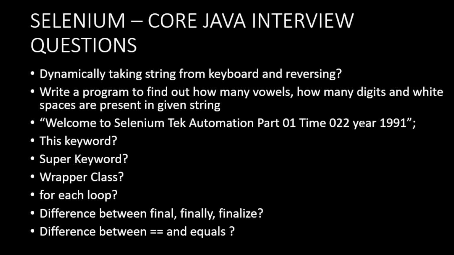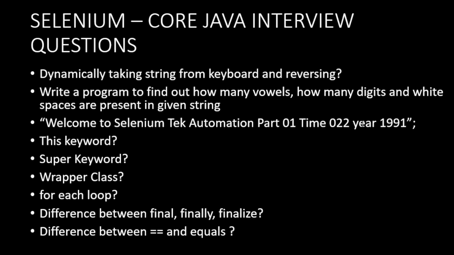The scope of the super keyword is outside of the class, but the this keyword's scope is the current class only. The scope of the super keyword is outside of the class, means accessing the super class members, such as variables, and some super constructors also we can access.